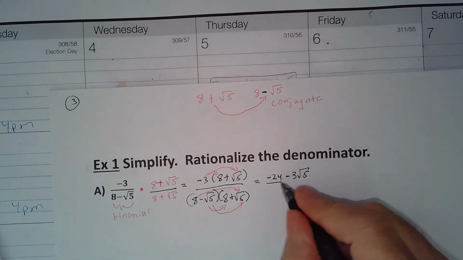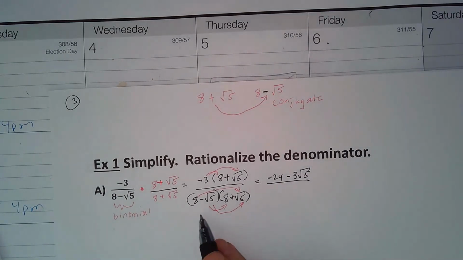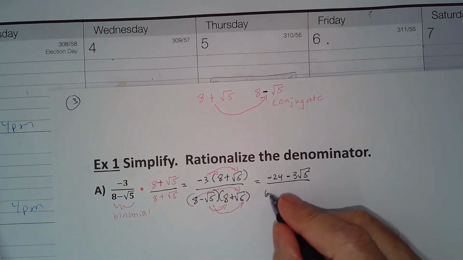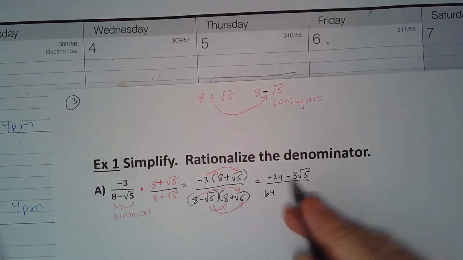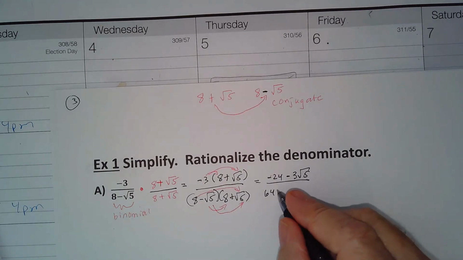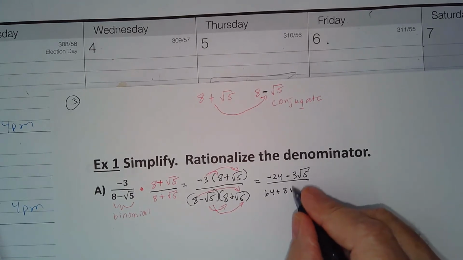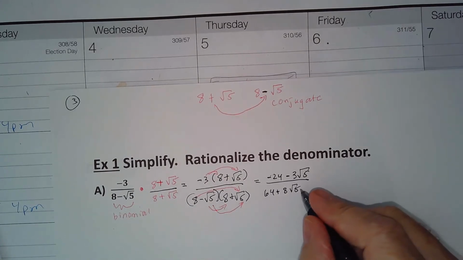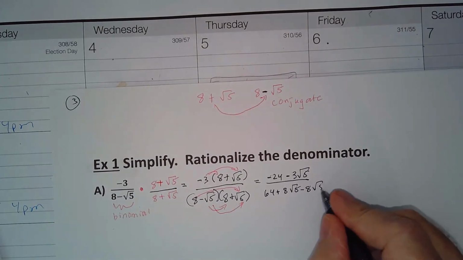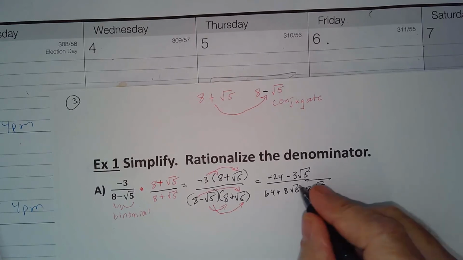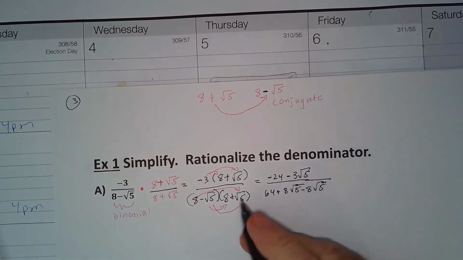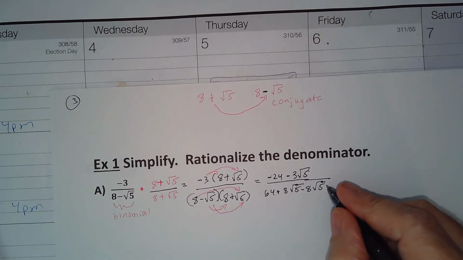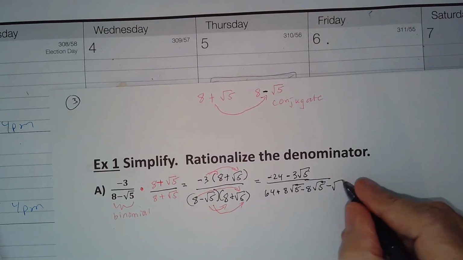And then here we FOIL it. So 8 times 8 is 64. 8 times the square root of 5 is positive 8 square root of 5. 8 times negative square root of 5 is negative 8 square root of 5. And negative square root of 5 times positive square root of 5 is negative square root of 25.